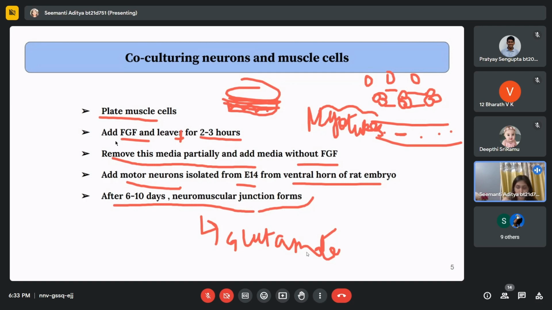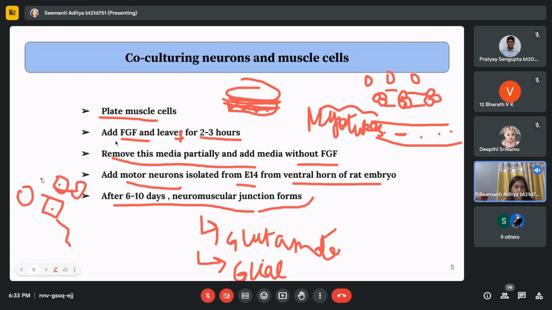Also, apart from adding glutamate, another thing that they have to add is the glial cell. This glial cell is present just adjacent to the neuronal cells. So these are the neuronal cells, and glial cells are added on the side, and this acts as a nutrient reservoir and gives nutrients to the neuronal cells.